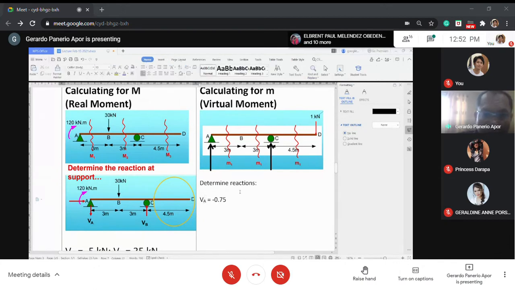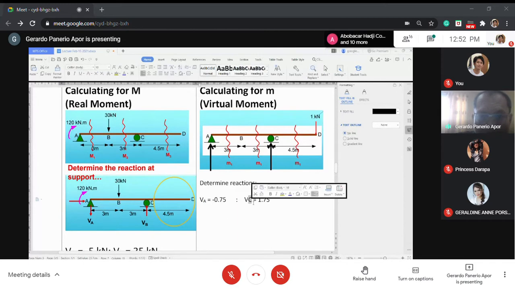Now to determine VB, of course, VB is 1 times 10.5, 10.5 divided by 6, which is 1.75.